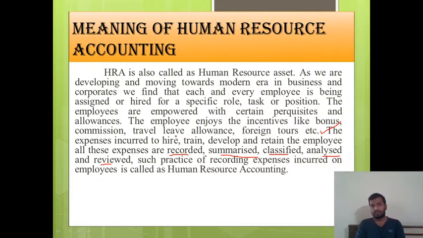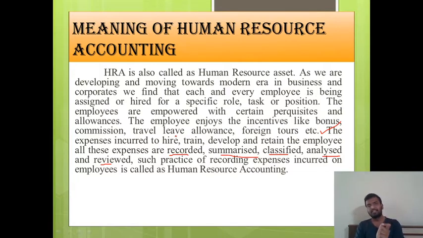But why? The question is why do we have to study these kinds of terms? You know that human resource is a very important part of any business organization, because without human resource no business organization can run smoothly. That's why we are calling it human resource asset. Then while recruiting the human resource, the company calculates the CTC.